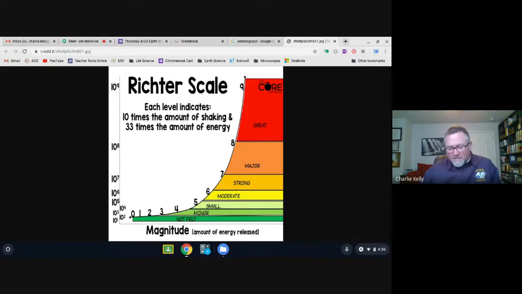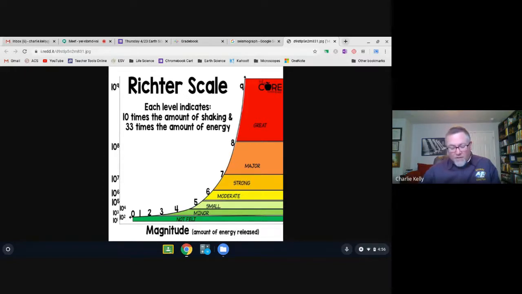The Richter scale is not a linear scale, and this is important and something most people misunderstand. That is, an earthquake of magnitude 4 does not have twice the energy of an earthquake of magnitude 2. Instead, each change of 1 on the scale multiplies the energy by about 31.6.